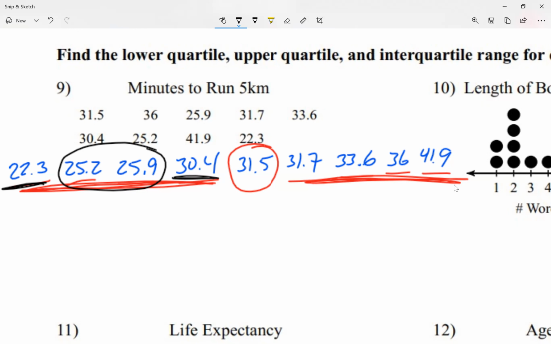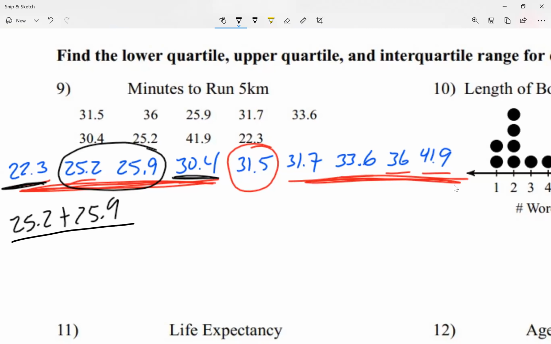If we don't quite know, let me add this number. 25.2 plus 25.9 divided by 2. Use a calculator if necessary. This is 51.1. And divide this by 2. Now this gives me 25.55.